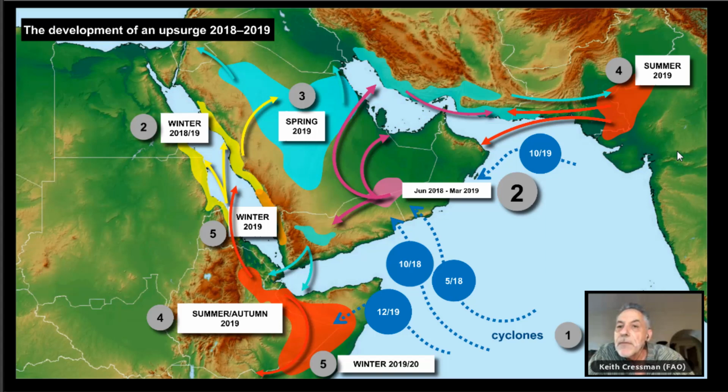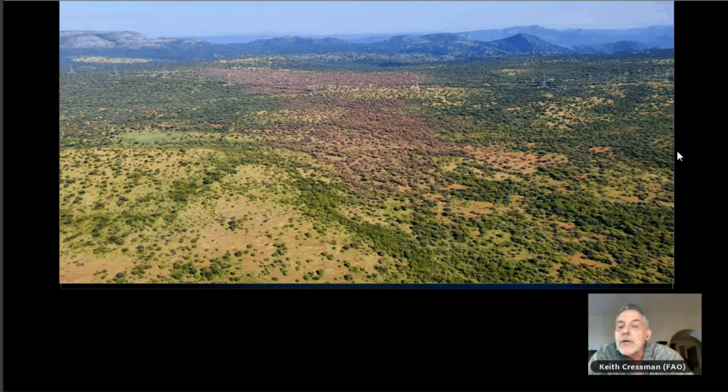It affected Yemen and then later the Horn of Africa. So you can see the response of the desert locust, being very opportunistic of unusual conditions that occur from nature.